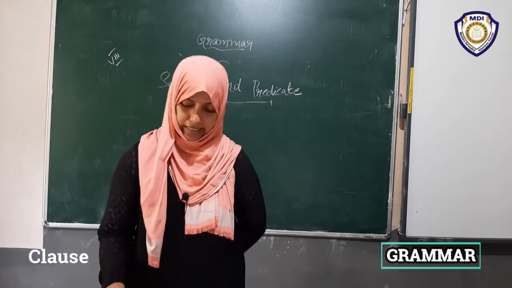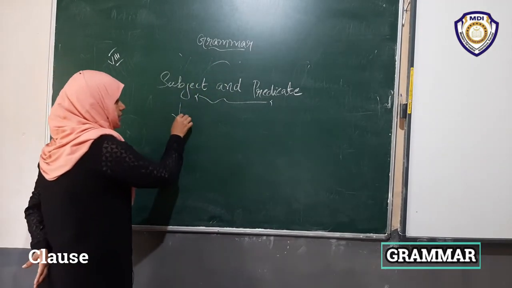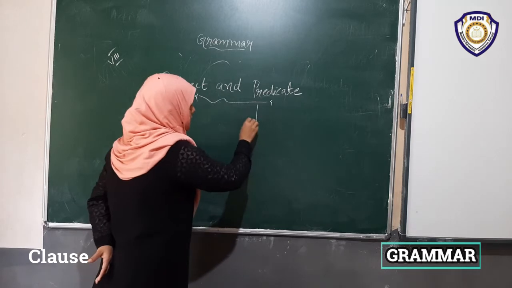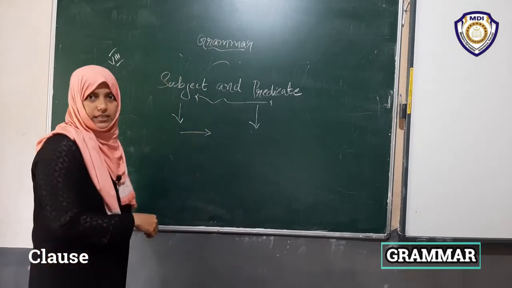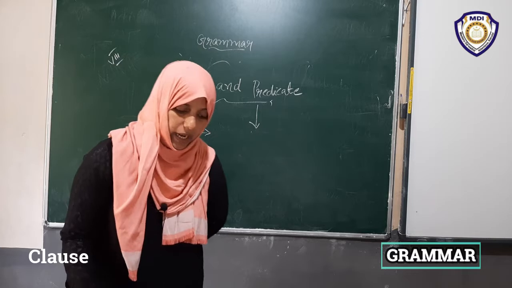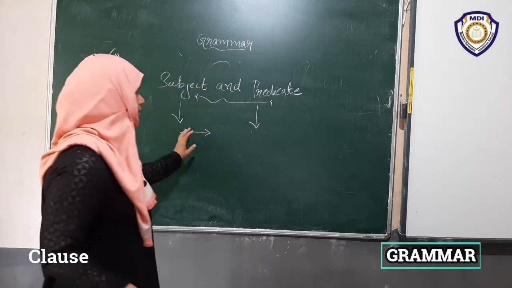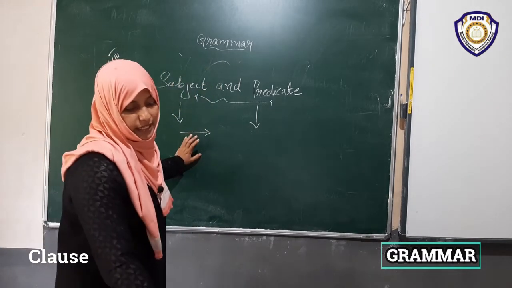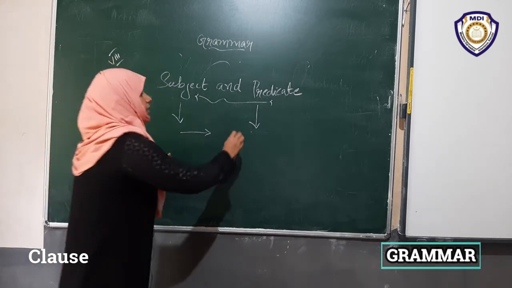Okay, all of you listen carefully. First we discuss the subject. We can easily find out the subject. What is the predicate? What is said about the subject is the predicate. Here, a part of a sentence that names a person or a thing we call our subject, and the predicate is the part that tells us something about the subject.